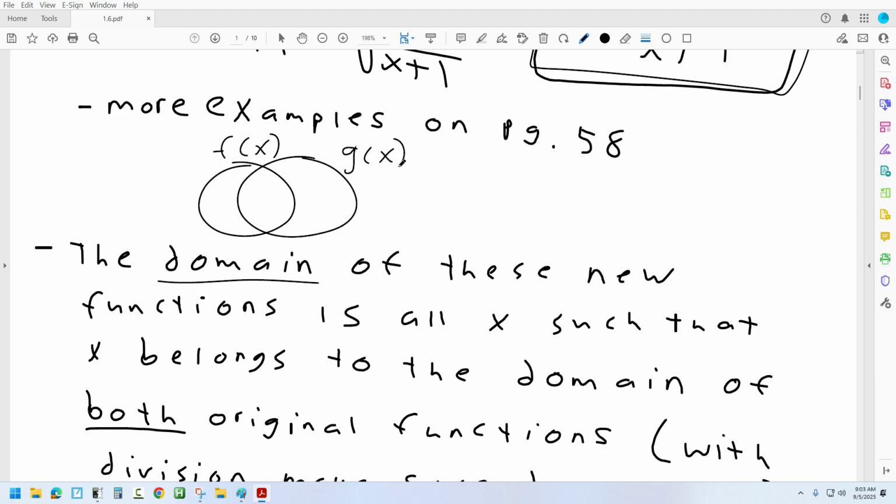The new function is the values that belong to both of the original domains. Okay? So when you combine f of x and g of x together, the new domain is like the overlap. It's all the values that were in the original function f of x, and all the values that were also in the original function g of x. Has to be in both.